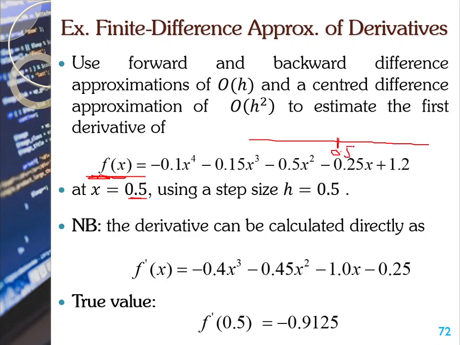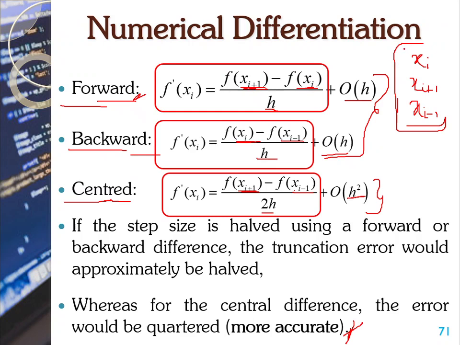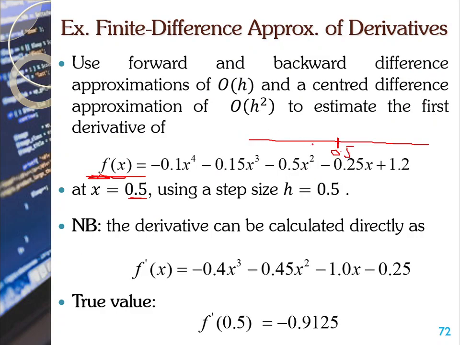Remember that before we can solve for any of these approximations, we need our current value, which has been given, our forward value, which we are yet to estimate, and our past value, which we are also yet to estimate. To get these, all we need is the step size.